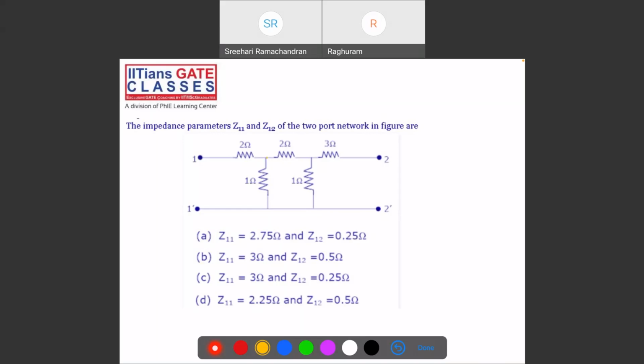Convert the inner delta to star. Tell me the delta to star conversion. Denominator is the same, right? So the denominator is 2 plus 1 plus 1, 4. 2 into 1, 2 by 4. This is 2.